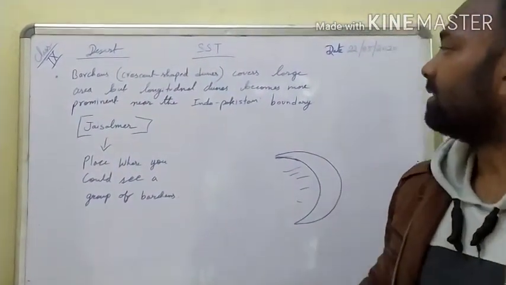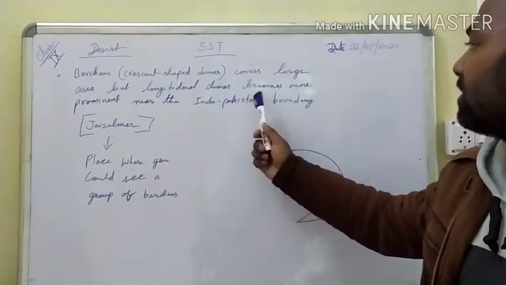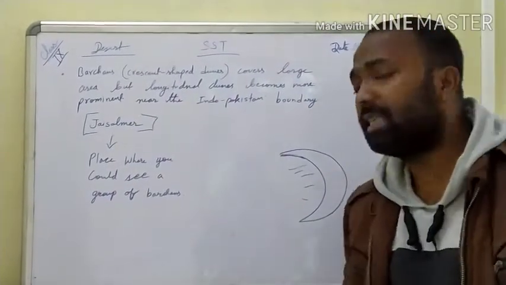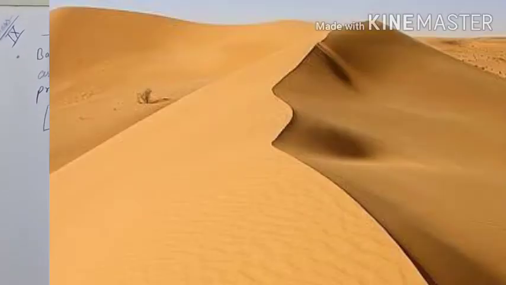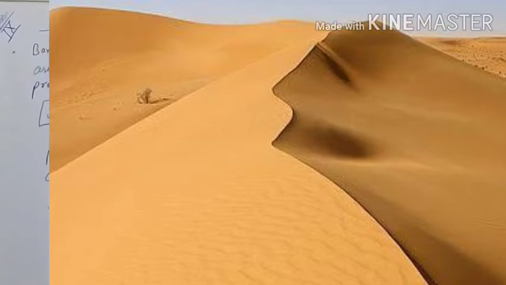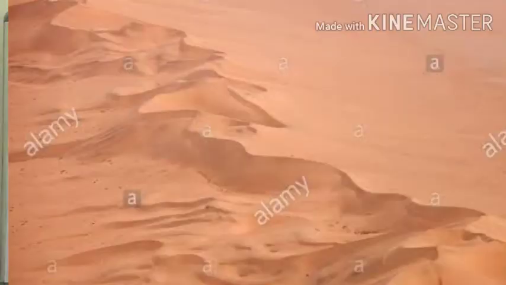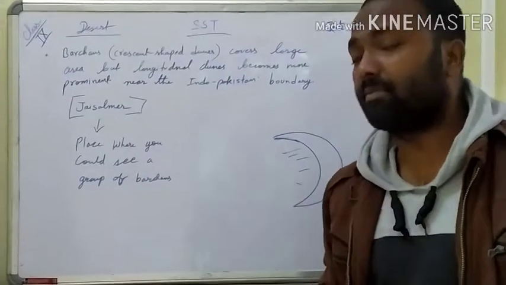The next one is that longitudinal dunes are prominent near the Indo-Pakistan boundary. At the boundary of India and Pakistan, you will find some deposition of sand dunes, and those are the longitudinal sand dunes, as you can see in this picture. Another important place in Rajasthan is Jaisalmer.